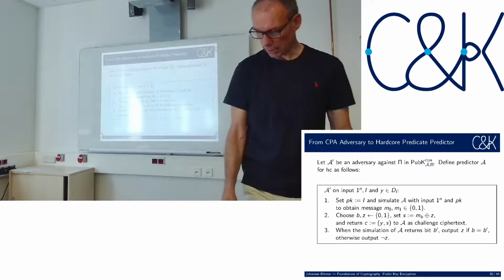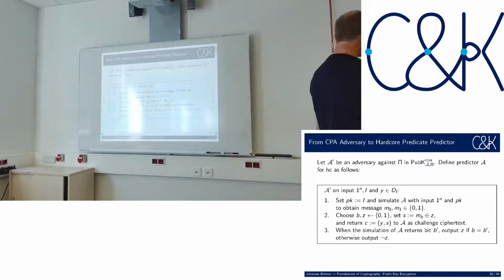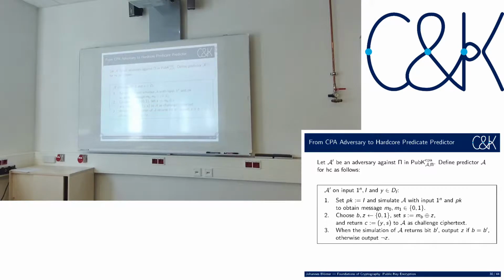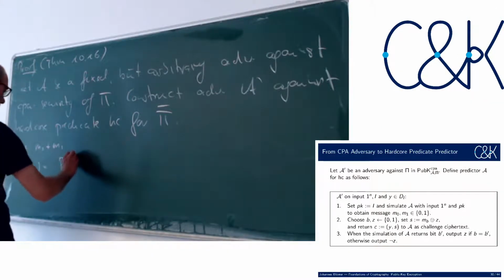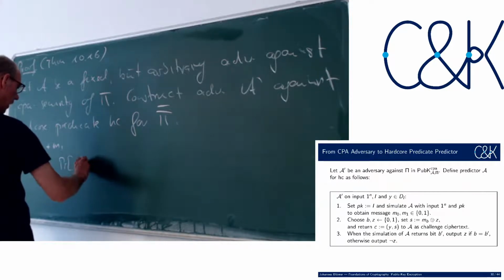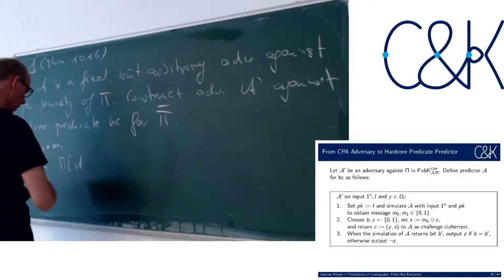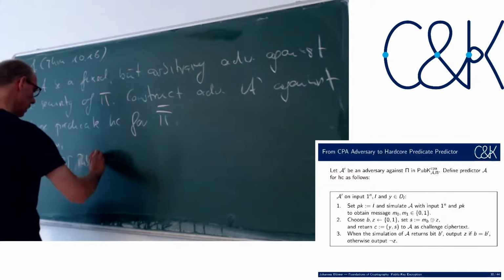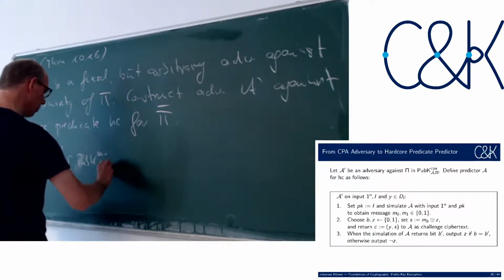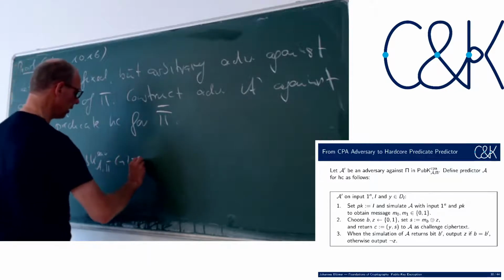Let's say epsilon of n is the probability that the output of the experiment with A and pi is 1.